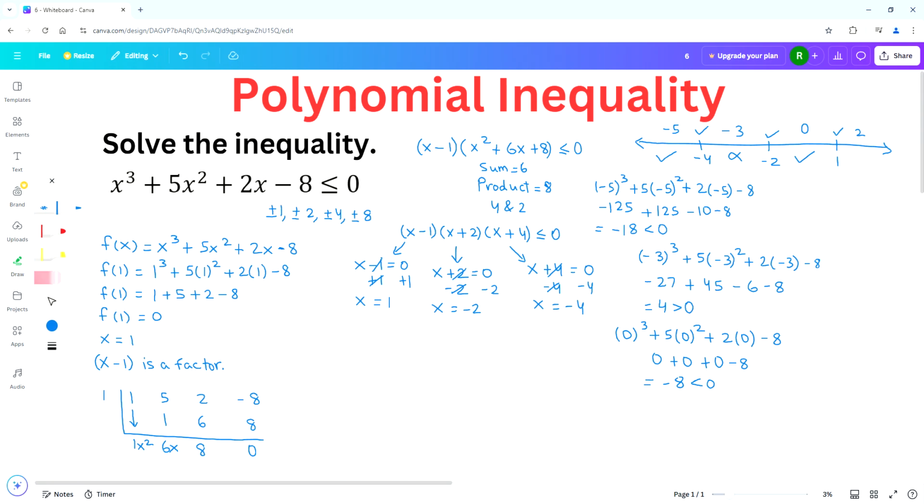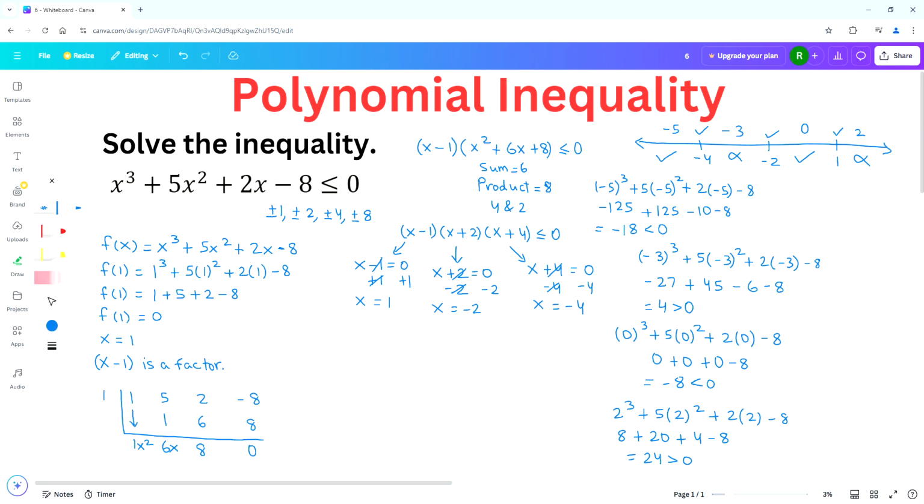Next, we can use the test value 2. I get 24, which is greater than 0. Therefore, the inequality is not satisfied in the interval to the right side of 1.